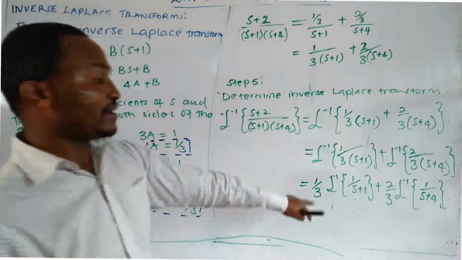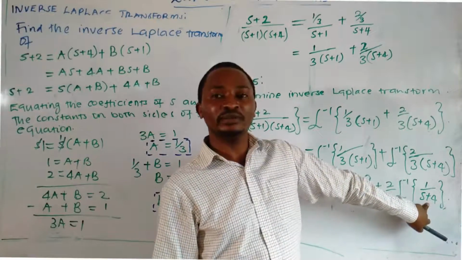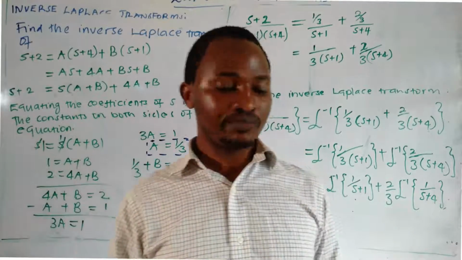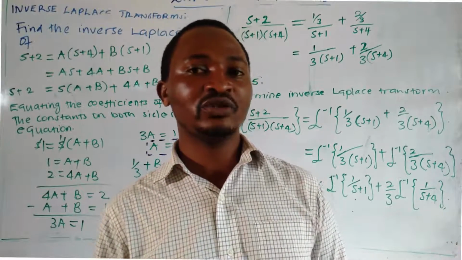See, these are much easier to deal with because we can directly identify them from the table. That's the essence of partial fraction decomposition. It makes the fraction look smaller and therefore easier to handle.